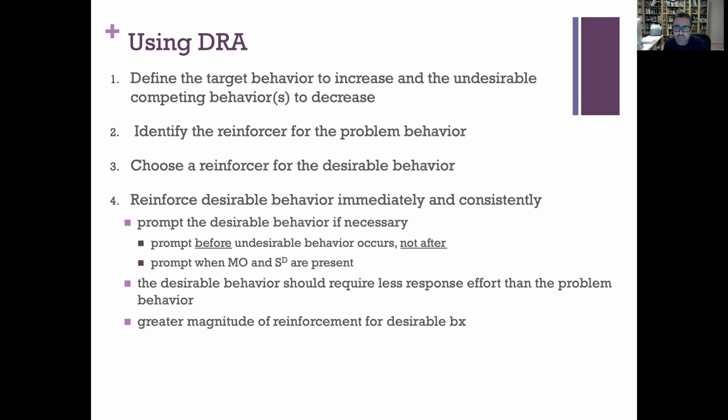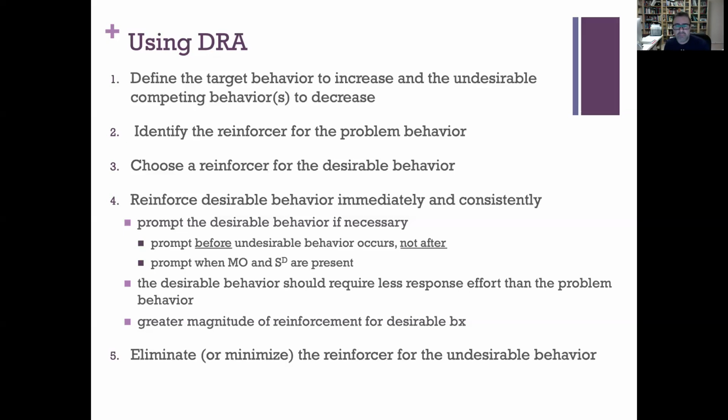So you need to give me an option that is better, right? It's easier. There's more reinforcement. Otherwise, it makes no sense. And we have to eliminate or minimize the reinforcer for the undesirable behavior. So more reinforcement for the appropriate behavior, less or no reinforcement for the problem behavior.